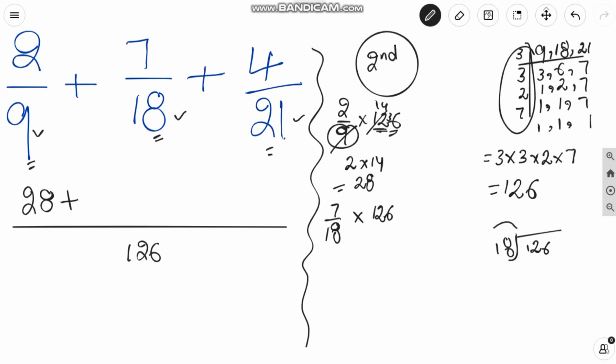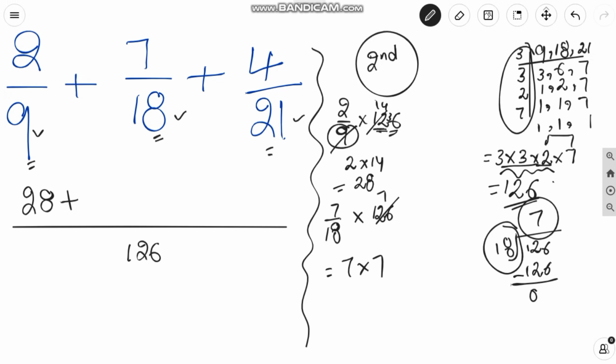So now find a number that multiplies with 18 and gives you 126. So 18 multiplied by 7 gives you 126. So 7 remains here, so you can write 7 here. Now multiply 7 by 7, you will get 49. So just write 49 here.